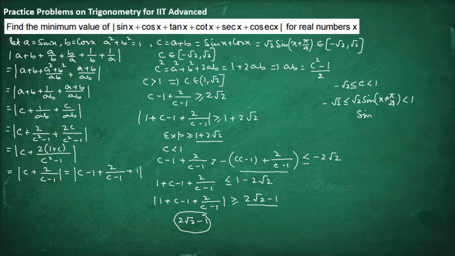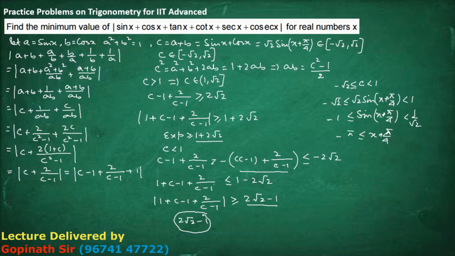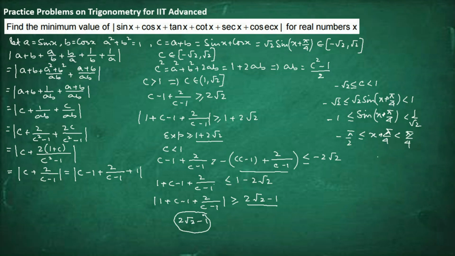Thus, sin (x plus pi by 4) is less than 1 by root 2 and greater than or equal to minus 1. That is, x plus pi by 4 lies between minus pi by 2 and pi by 4. That implies x lies between minus 3 pi by 4 and 0. Is it clear?